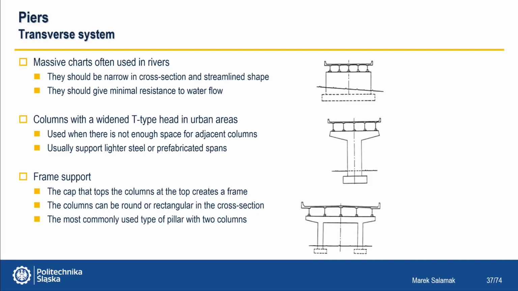The cap at the top of the columns forms the frame. The posts, the columns can be round, oval, or rectangular in the cross section. The most commonly used type of such a pillar is the system with two round columns.